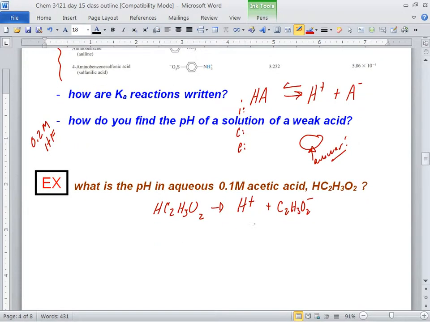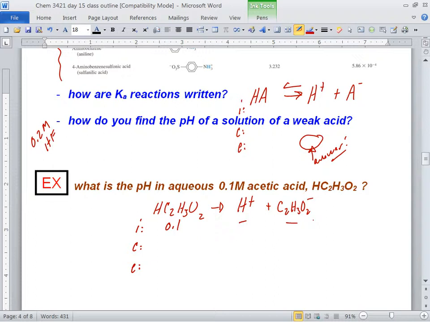And then we have to do ICE on it. Got to fill in the table. How would you fill in the table, Monica? Yes, the other two, there's nothing there initially.